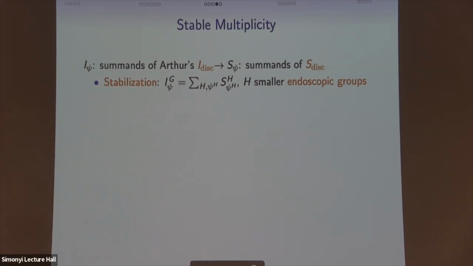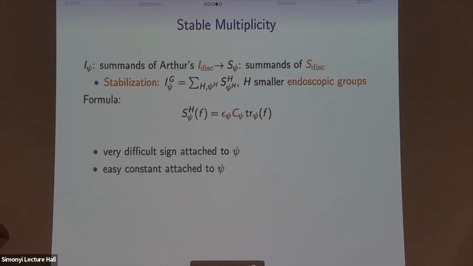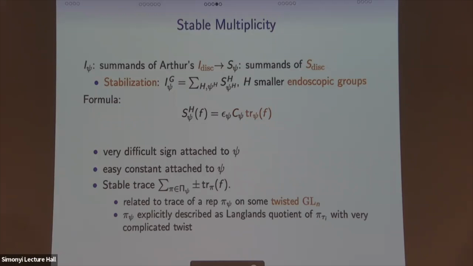The other point is that these S_psi's have an explicit formula. It's usually written differently, but I'm going to break it up into three pieces: there's an epsilon, there's a C, and there's a trace. This epsilon is a very difficult sign attached to psi, extremely difficult to compute. The C_psi is a very easy constant to compute, just some combinatorial formula. And this trace is a stable trace associated to a packet, a signed sum of the traces of representations inside the packet.